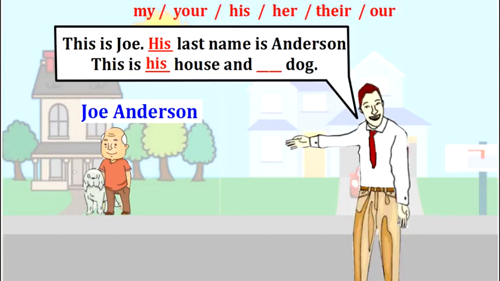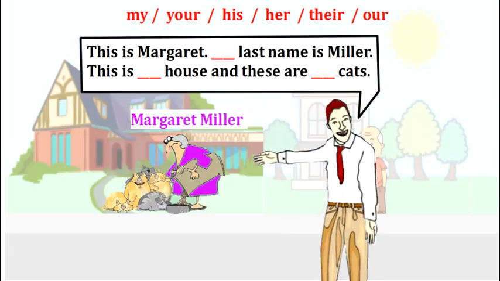This is his house and his dog. This is Margaret. Her last name is Miller. This is her house, and these are her cats.